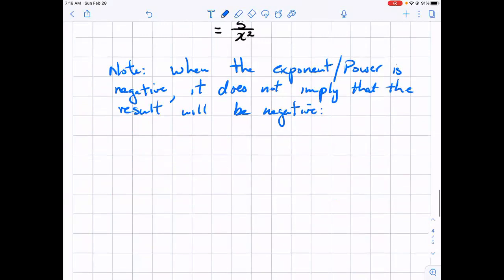And what do I mean by that? It is very common when we see, let's say, 4 to the negative 3 power, right?